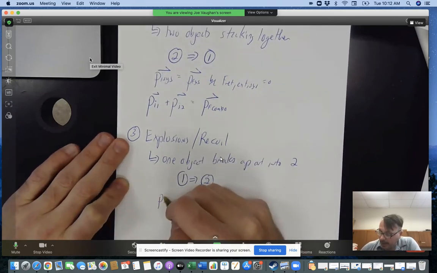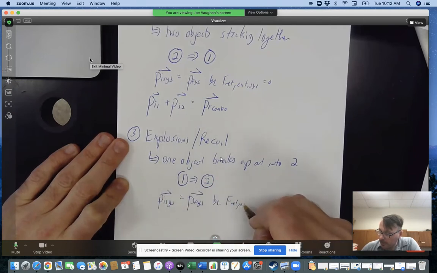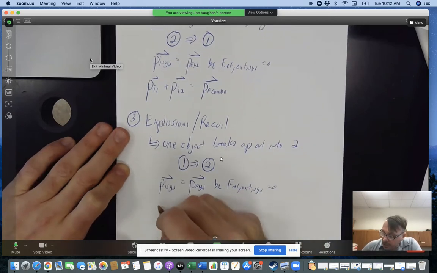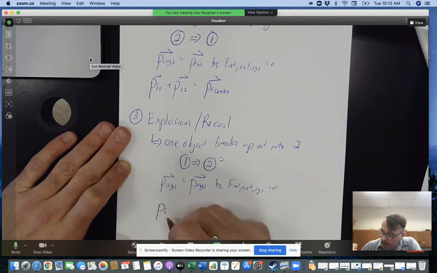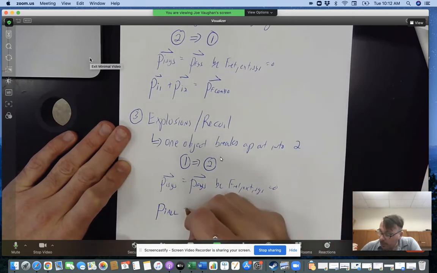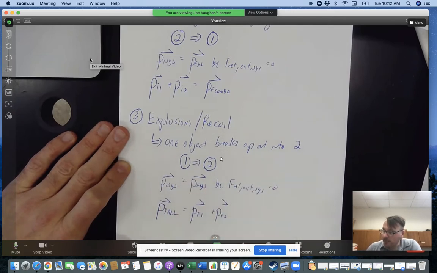Once again, PI of the system is equal to PF of the system because the net external force on the system is equal to 0. I'm writing it every single time. And so initially, I have the initial momentum of the whole thing, I'll just call that PI all, is equal to PF of object 1 plus PF of object 2. Boom. And that's how I do those things.